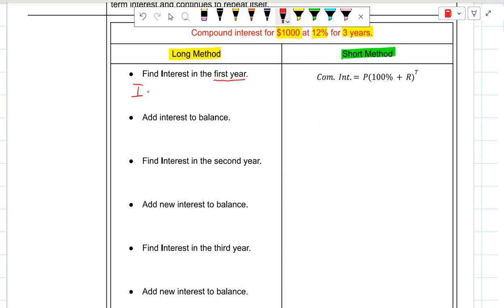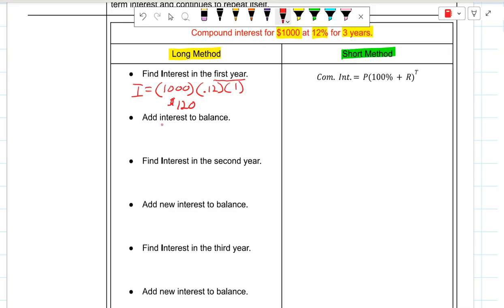So the interest for the first year is the principal times the rate times the first year, only 1 year's worth. So we're going to do 1,000 times 12% times 1, and that is equal to $120 of interest.